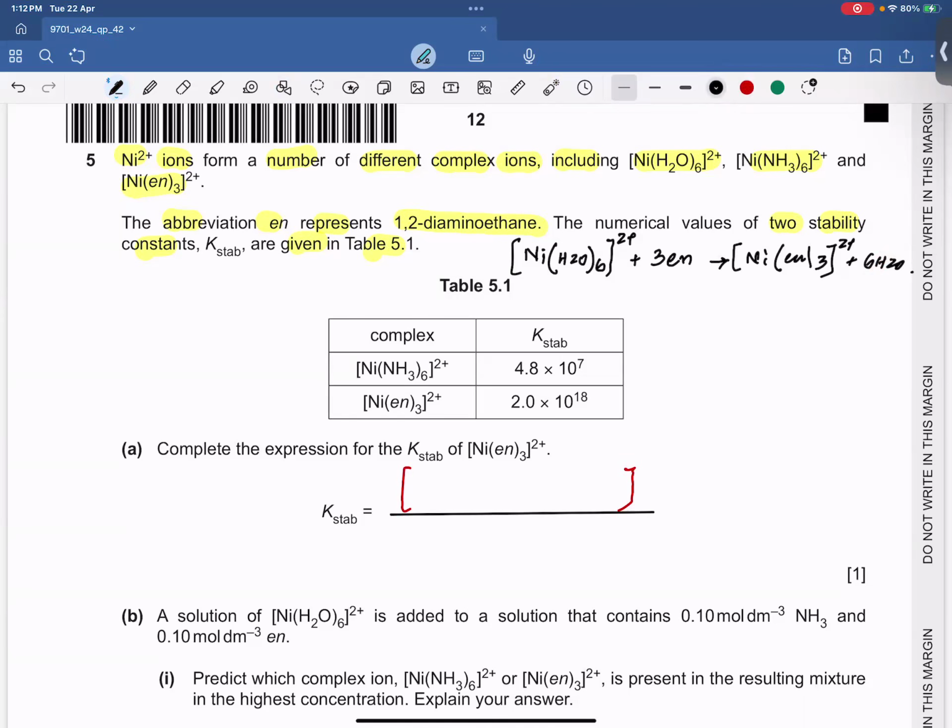So nickel En taken 3, 2 plus, divided by nickel NH3 taken 6, 2 plus. The charge has to be inside the bracket, if you remember. Then the concentration of En to the power 3.